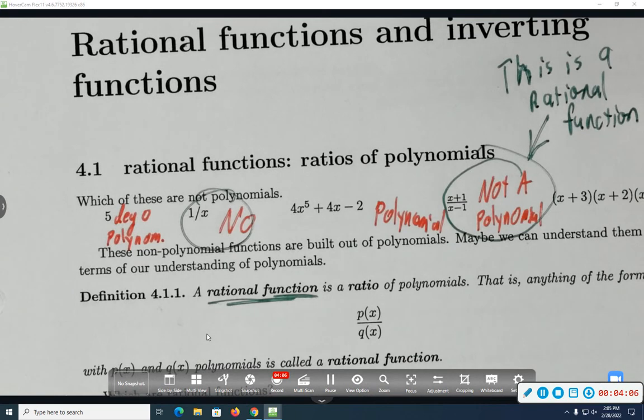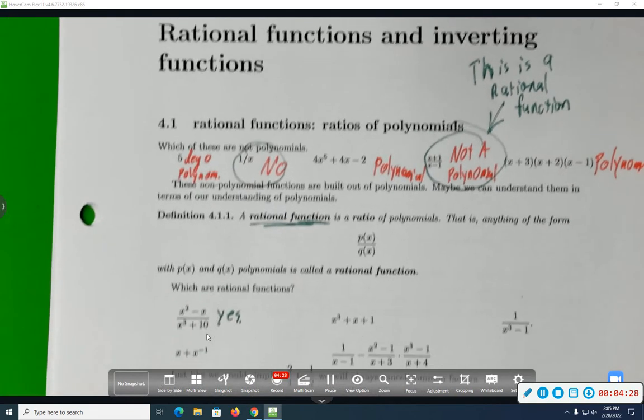It's not a polynomial, but it is a rational function. So it's a larger class of objects. Many things that are not polynomials will be rational functions, just like 2 over 3 is not a whole number, it is a rational number though. Same sort of idea here. This is a bigger family of functions.